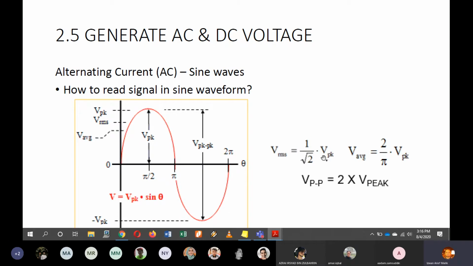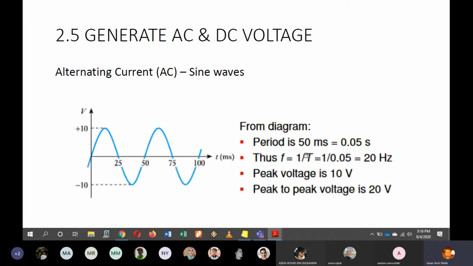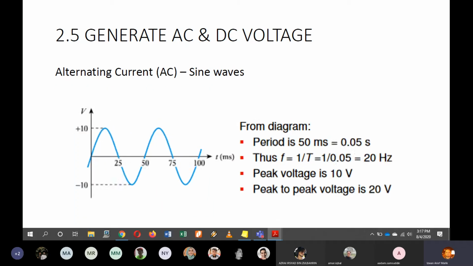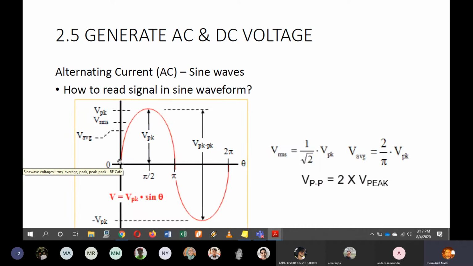Okay, so they are different in terms of their values, which is caused by the structure of the waveform itself. Because for square waves, basically the value of the peak is constant. It means that if the value is 10, it will be 10 all the time. But for sine wave, it will increase and decrease depending on time.